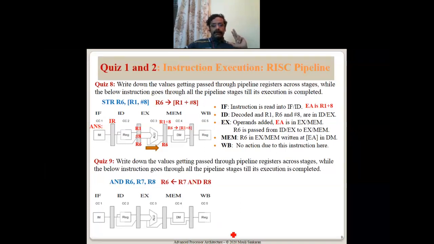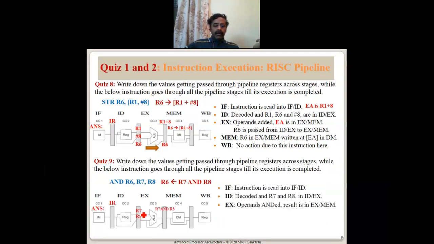Welcome back. Are you ready? So let me quickly go through this. You will read R7, R8 from the register set. The ALU is capable of performing the AND operation also. The only thing is it doesn't know which operation it has to perform. That is coming from here, so it is passed on. So no issues. You are making the ALU perform what you want.